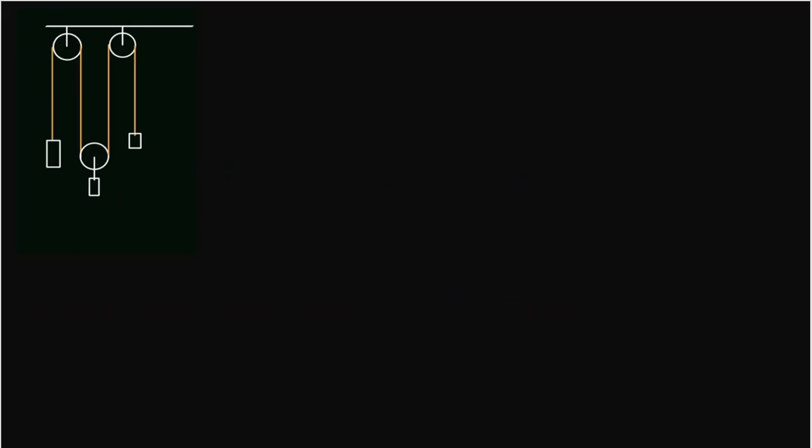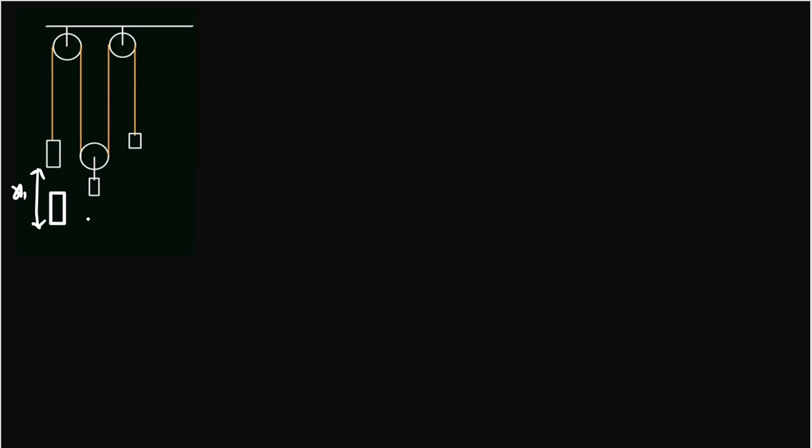So here we have the same picture. Here assume that all three blocks go down by a distance x. Now this block reaches here, and the distance by which it moved is x1.